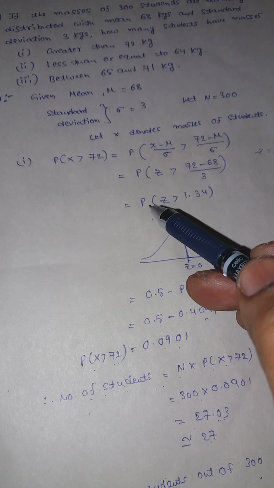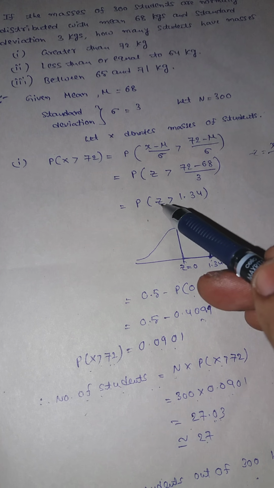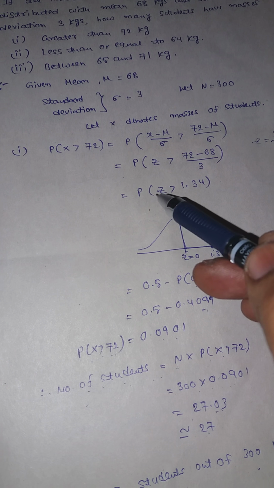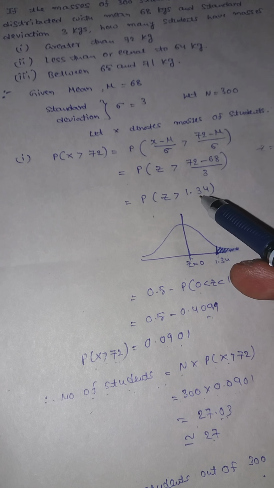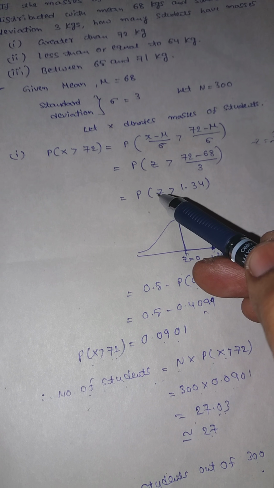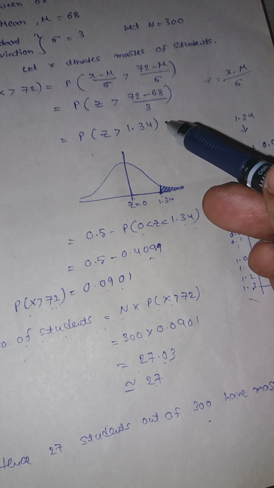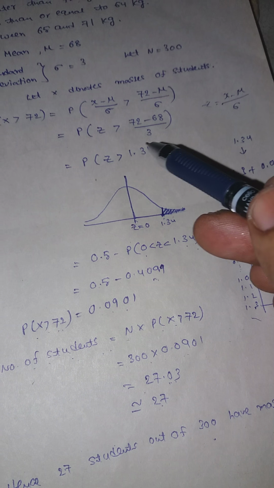If you want to find probabilities using tables, inside P you need to have 0 to some positive number, but here we don't have 0 to, so we have to write this as a formula.